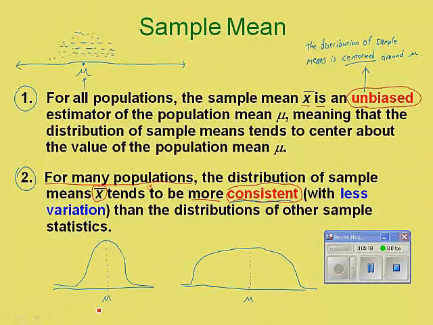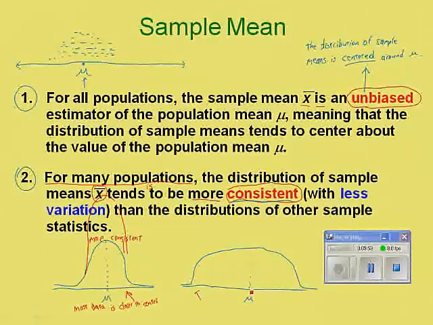Now, what's the difference between these 2 guys? Well, I would claim that this curve is what we call more consistent. You might even draw this curve higher, but thinner, right? Because most data is closer to the center. That's what I mean by more consistent.